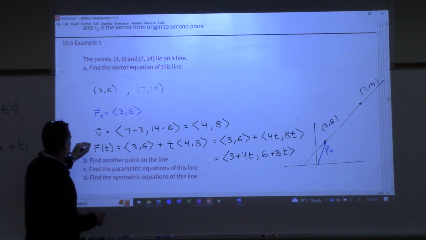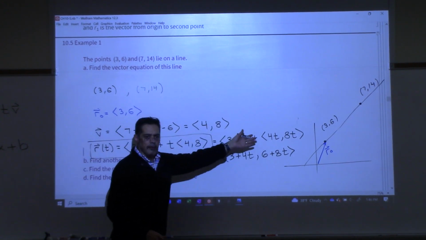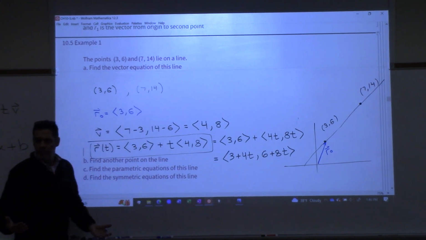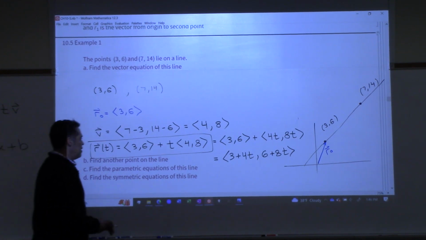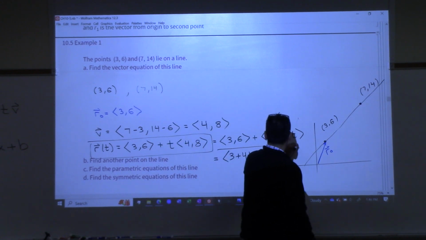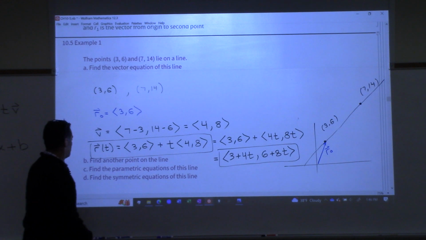This is the vector equation of this line. But those other forms are equivalent forms for that vector equation. Which one you use is completely up to you. I kind of switch back and forth. I really like this one, though, because this one right here allows me to do part B.